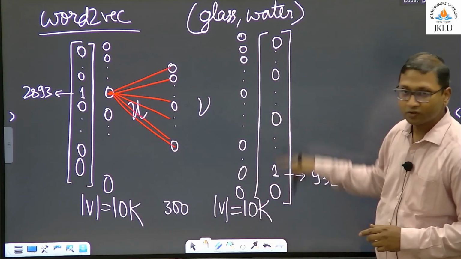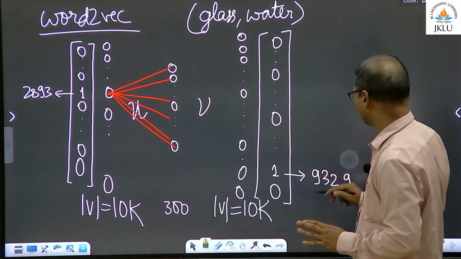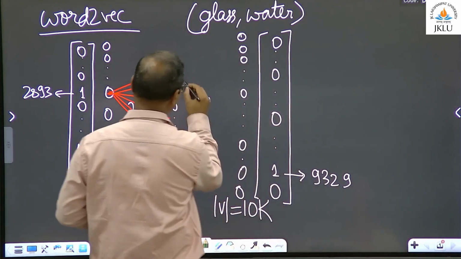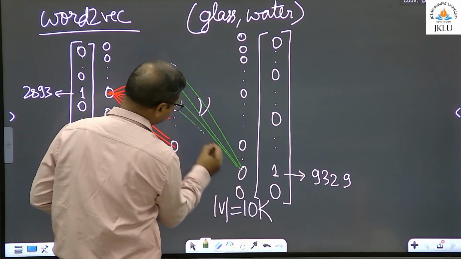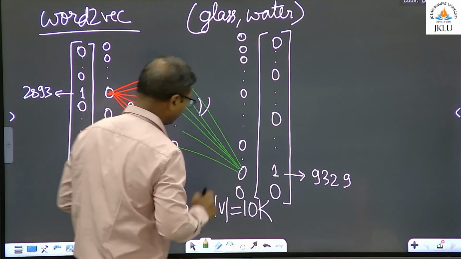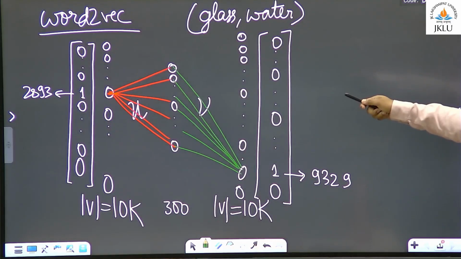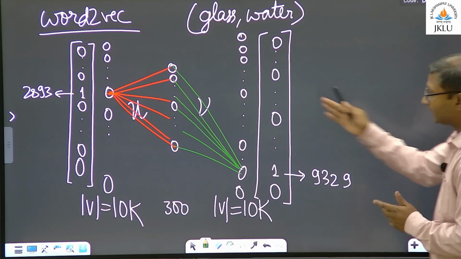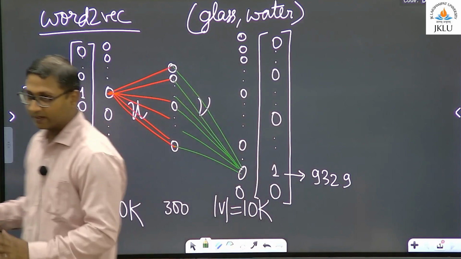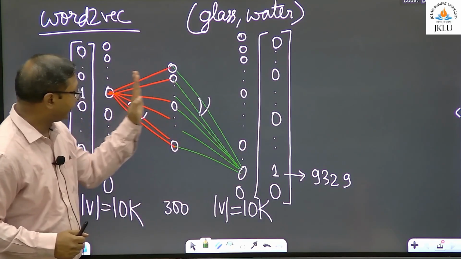Will we have all zeros here? No, right? Here we don't have that same situation, but what we are looking for is, why are we looking for this particular green? How many red numbers are here? 300. How many green numbers are here? 300. Okay. So what is special with red and green?